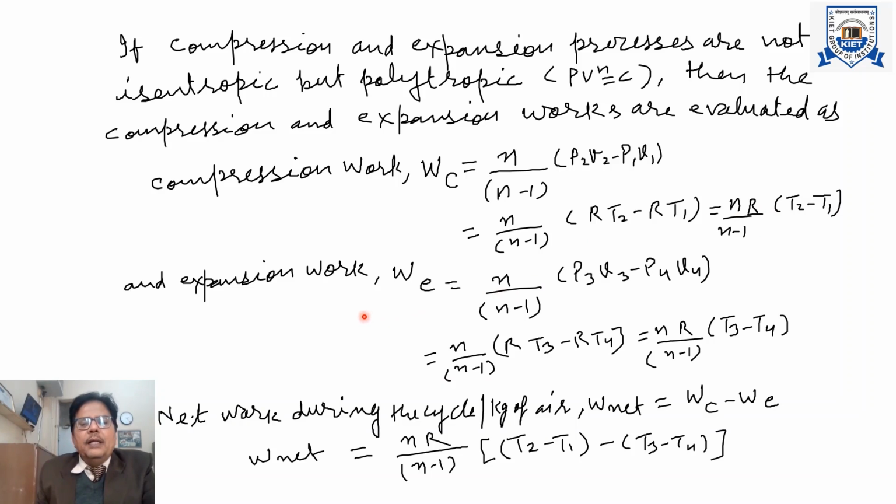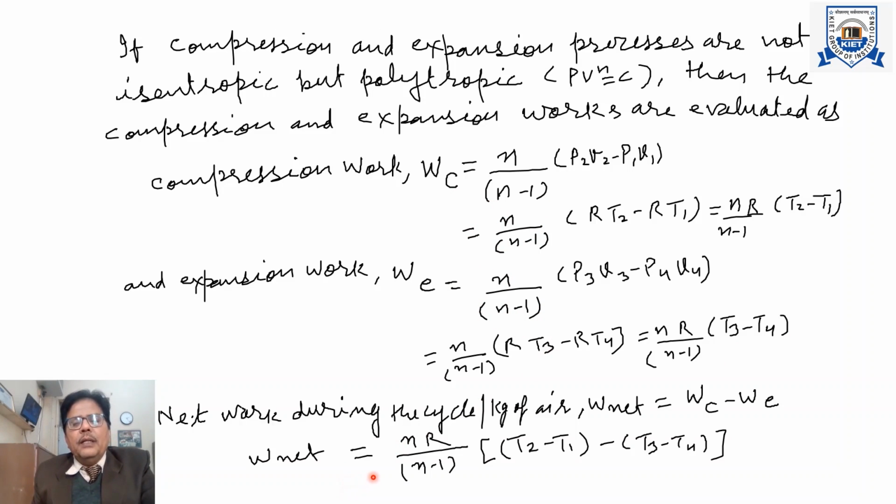Similarly, we can calculate expansion work WE as n over n minus 1 times P3 V3 minus P4 V4, or n over n minus 1 times R T3 minus R T4, or nR over n minus 1 times T3 minus T4. Net work will be the difference WC minus WE, compression work minus expansion work.